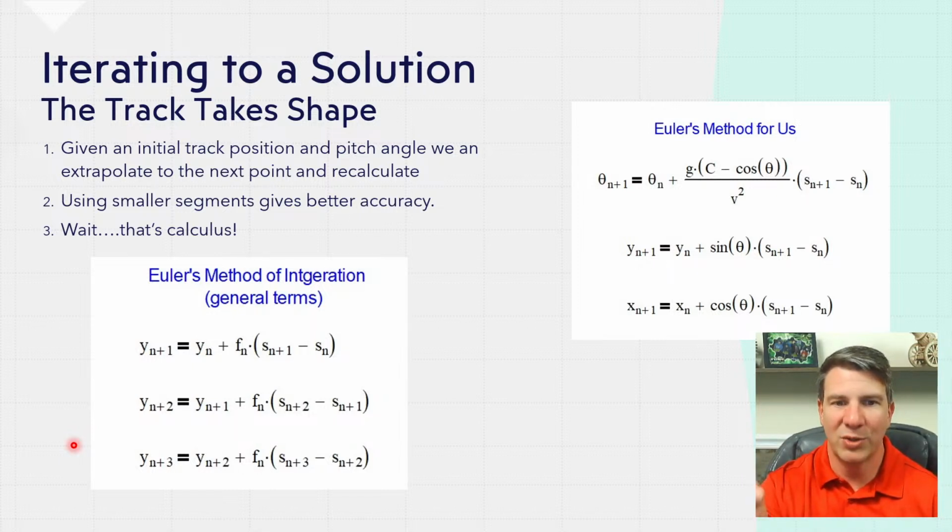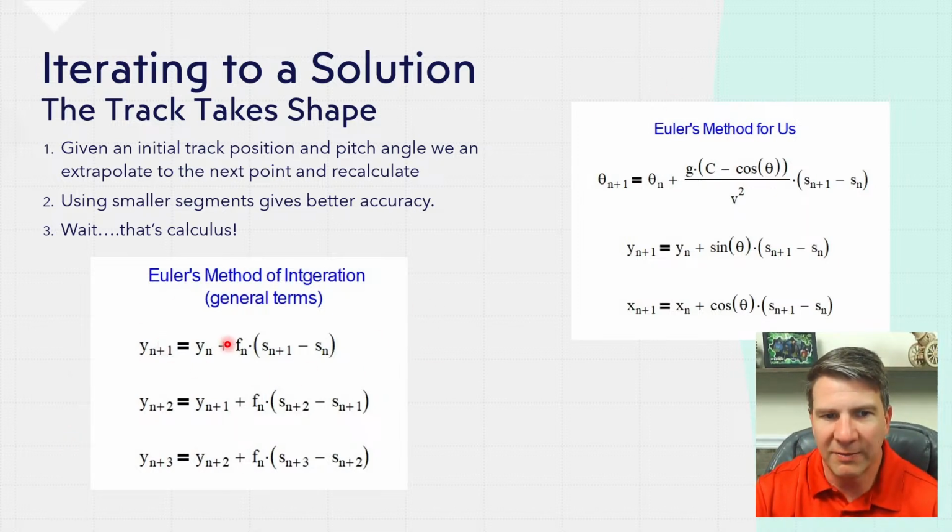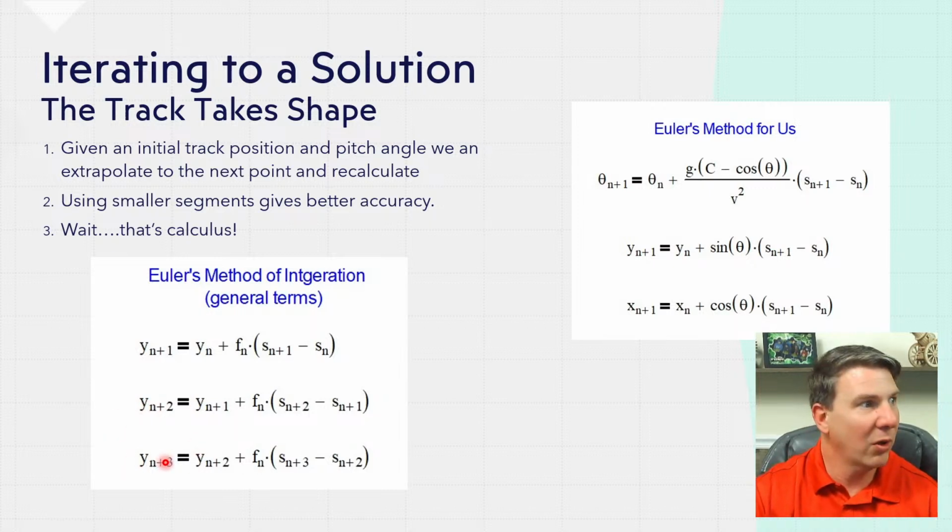At that point, you do the same thing, substituting the new value in and calculating the point just after that. So we have this point yn, and then we can calculate yn plus 1. We take yn plus 1, and then we can calculate yn plus 2, so on and so forth. And we could calculate a whole roller coaster, huh? Pretty cool.